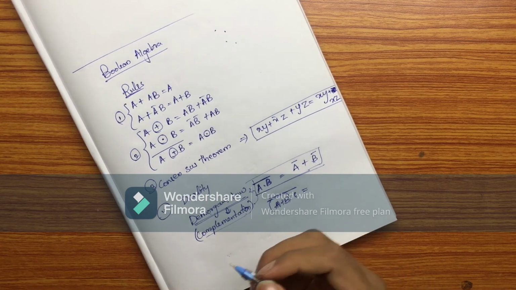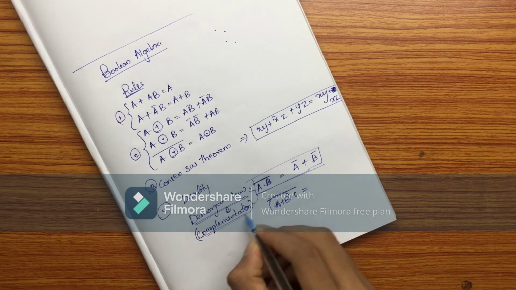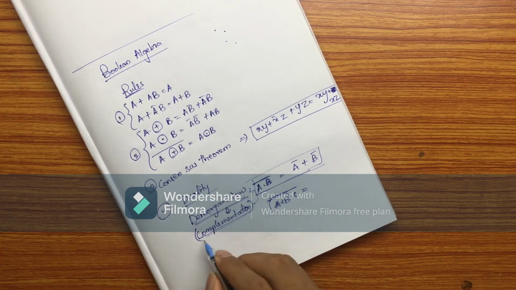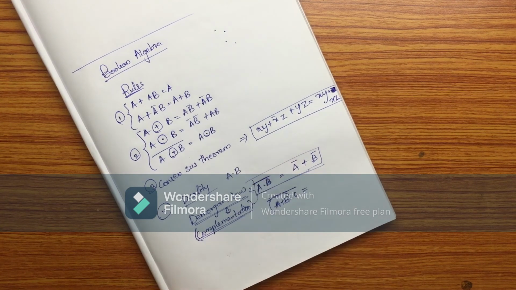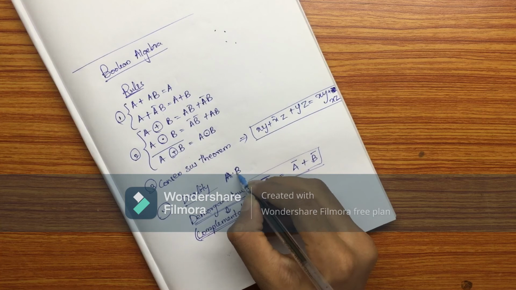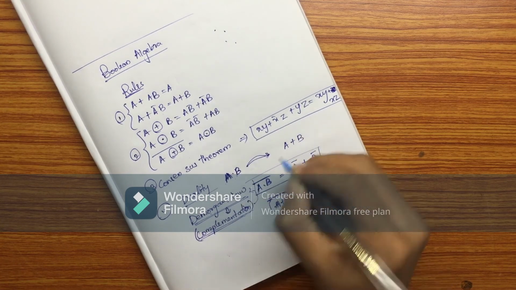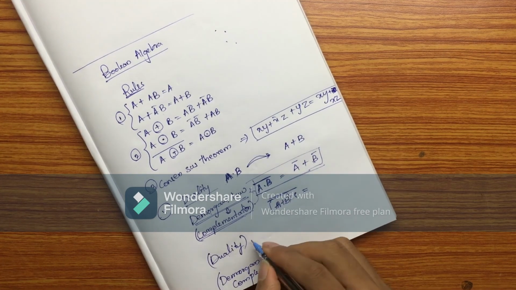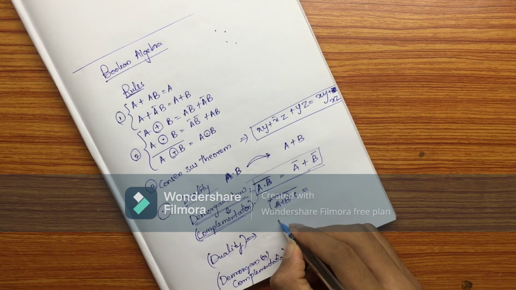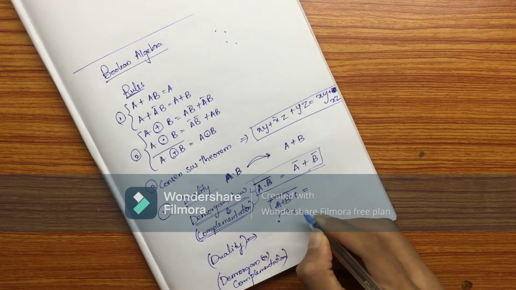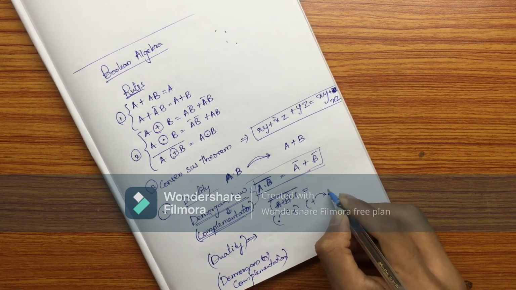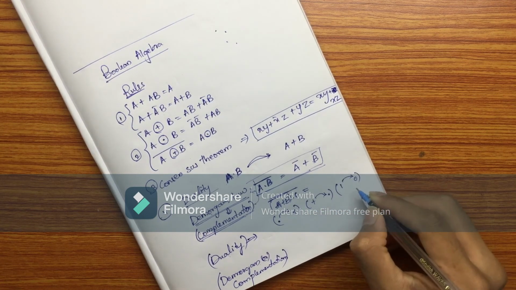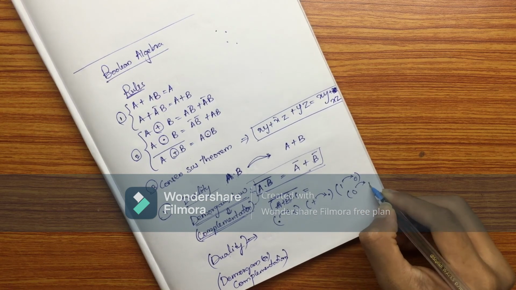We generally get confused between complementation and duality. What is complementation and what is duality? Let's see. Suppose a dot b is given. What is the dual of a dot b? They will ask for a plus b. In duality, into is converted to plus and plus is converted to into, 1 is converted to 0 and 0 is converted to 1.